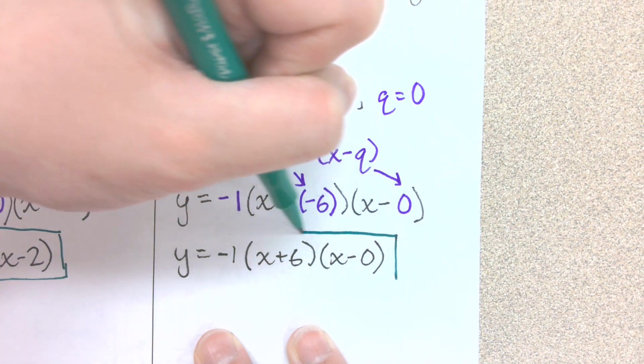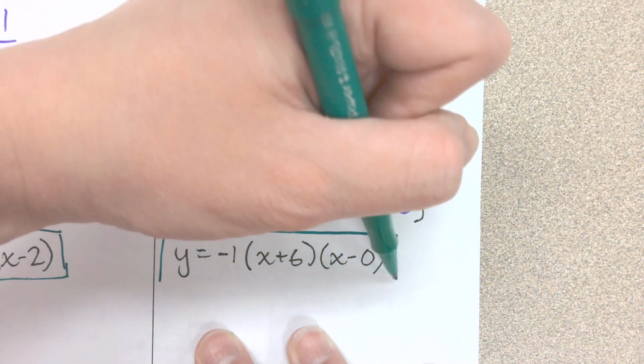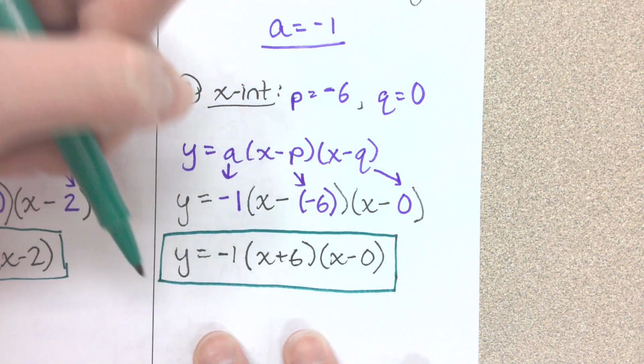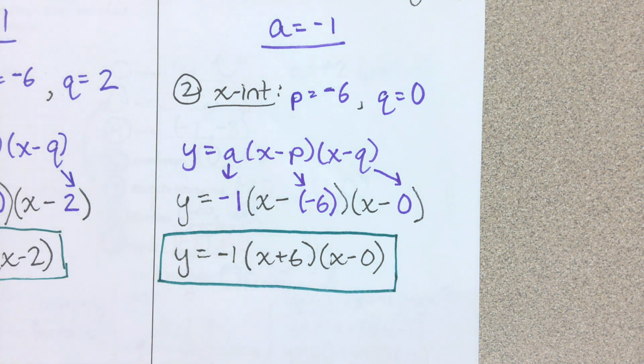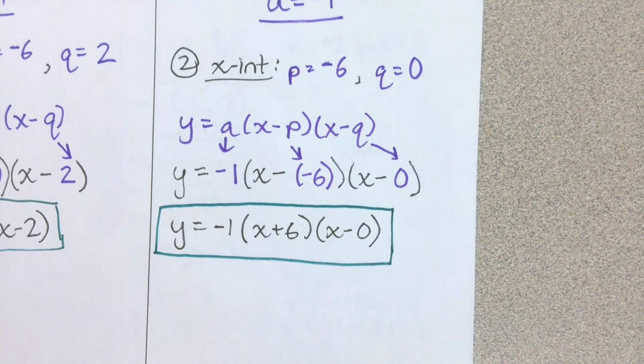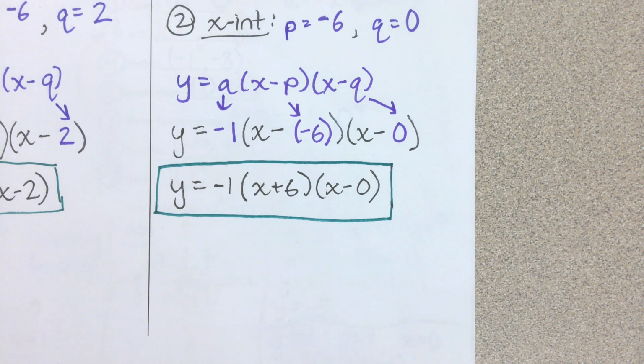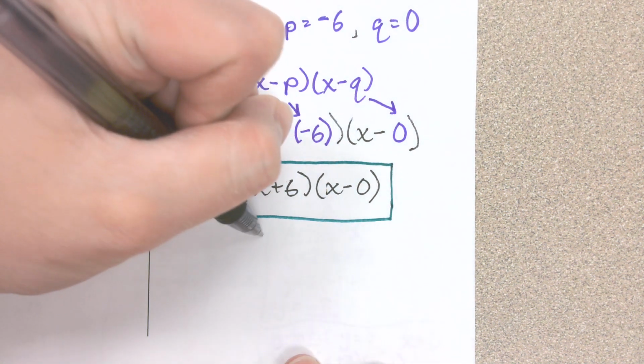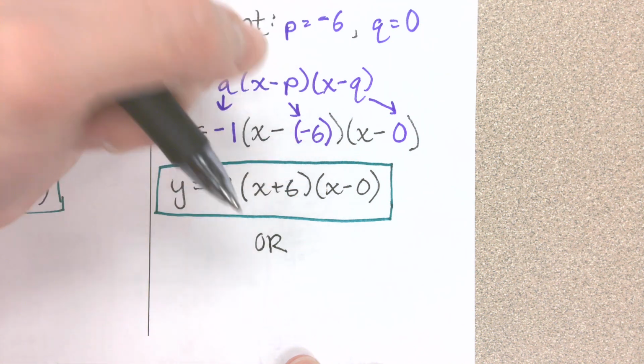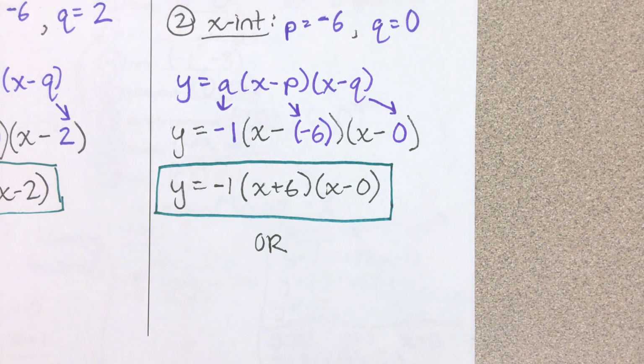This is what I would call an acceptable answer. If you wrote this down, it'd be right. But there's a better way to write this answer. And it's because of that 0. Does that 0 tell us anything important? Anything worth mentioning? No. So what's a better way to write this equation?